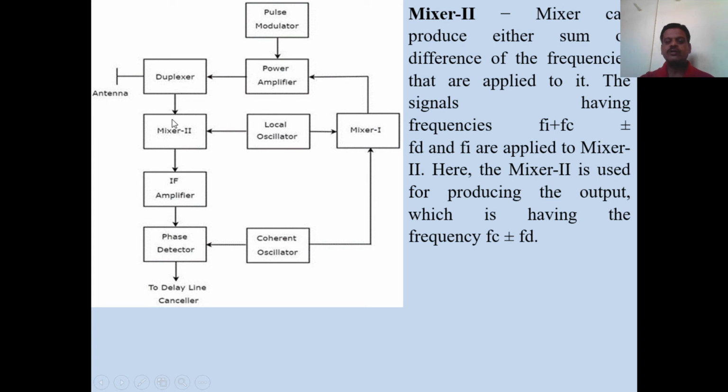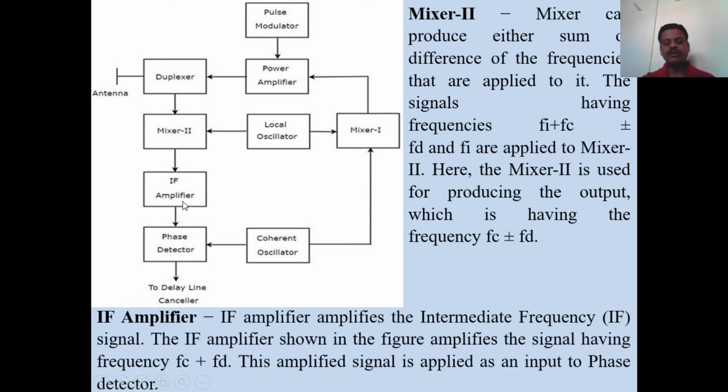Therefore, the output of mixer 2 has the frequency Fc plus or minus Fd, and that is applied to the IF amplifier.